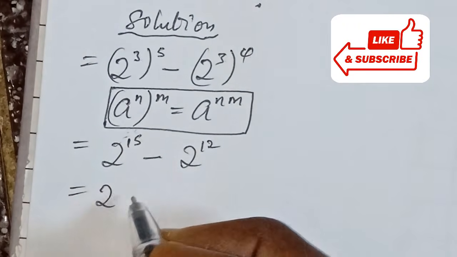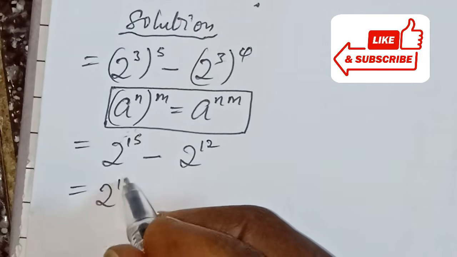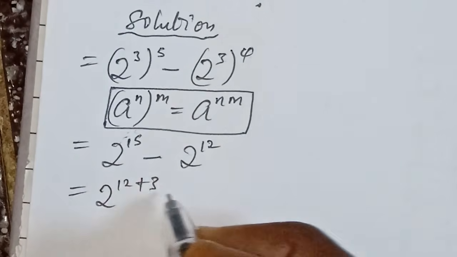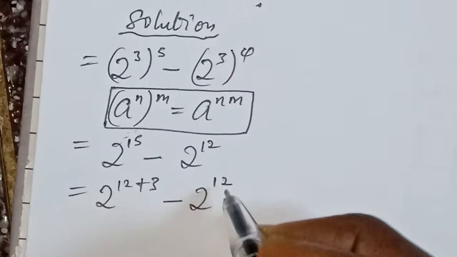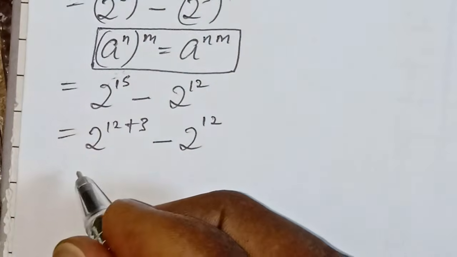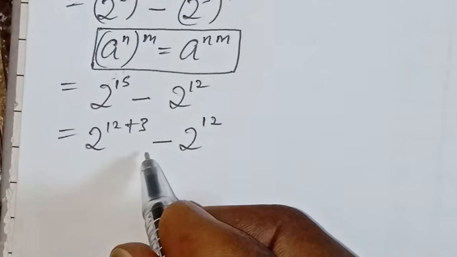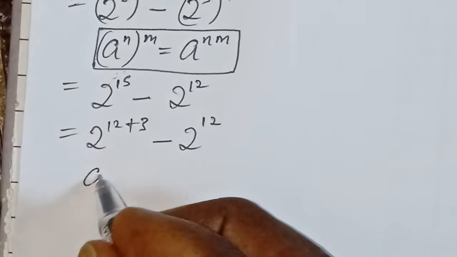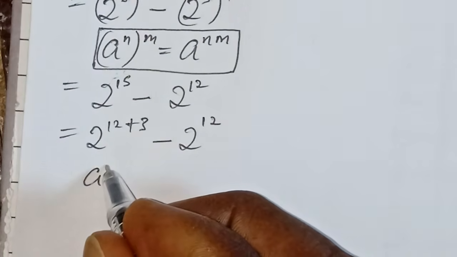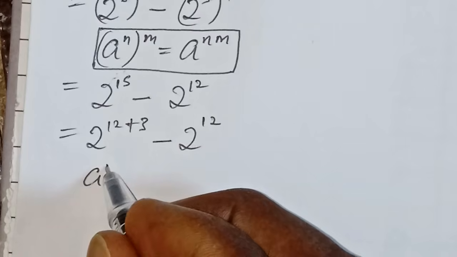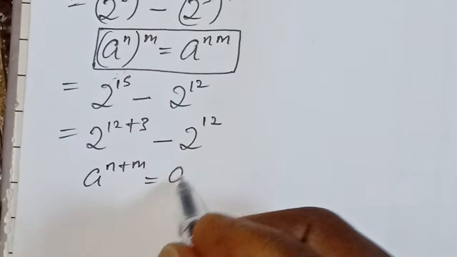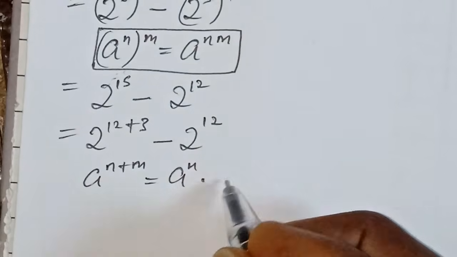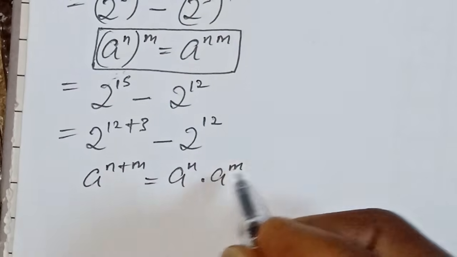as 2 raised to power 12 plus 3, minus 2 raised to power 12. And this can be written as, considering our identity of this nature, base A power n plus m is written as base A power n multiplied by base A power m.